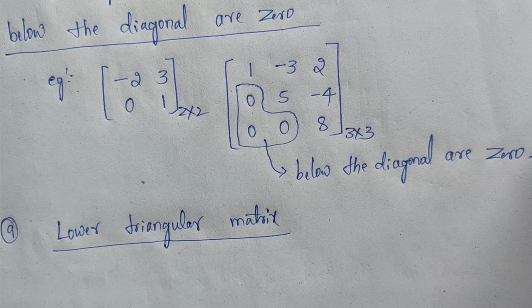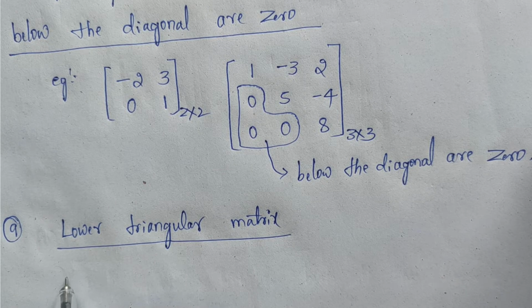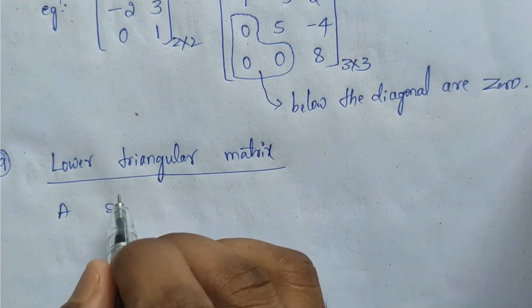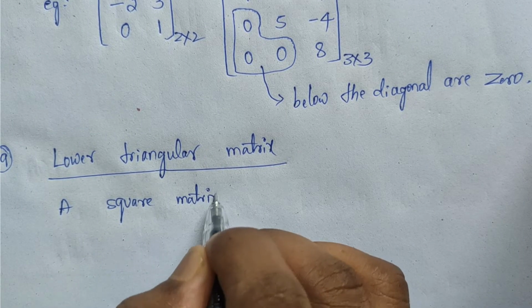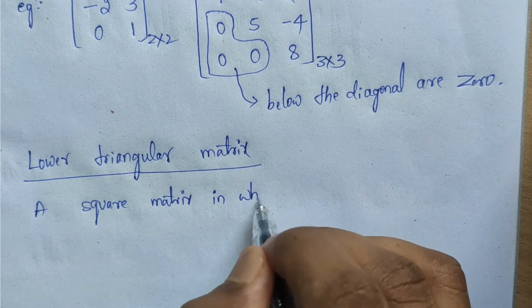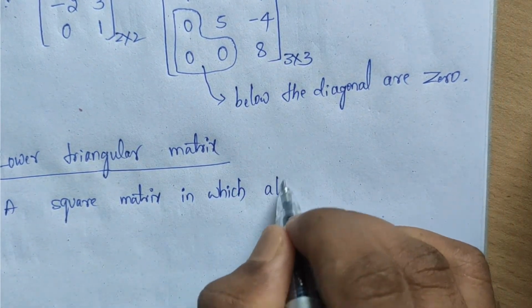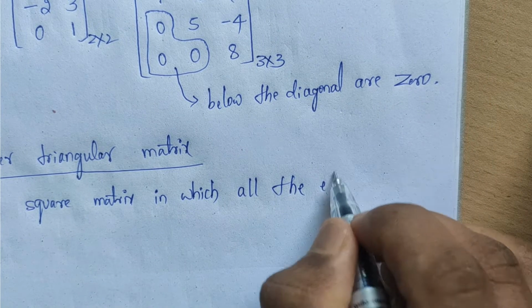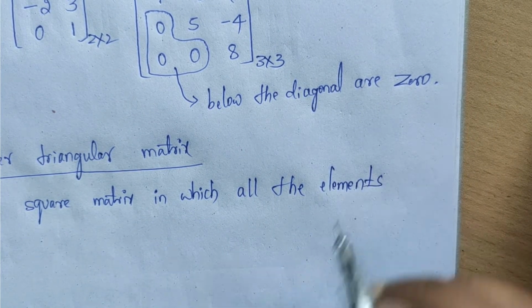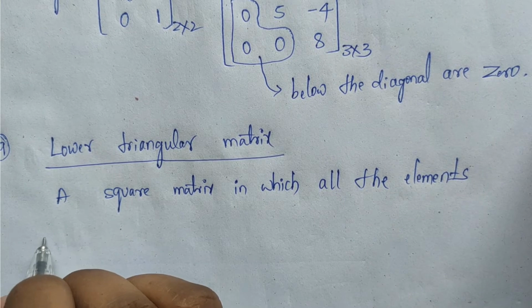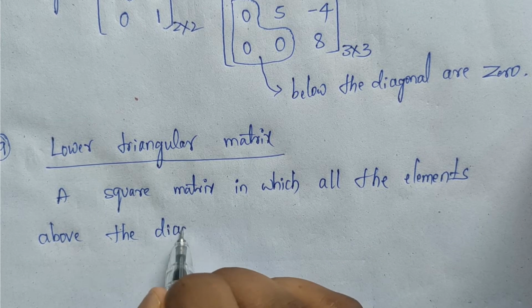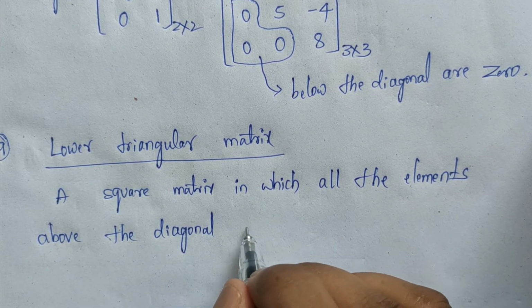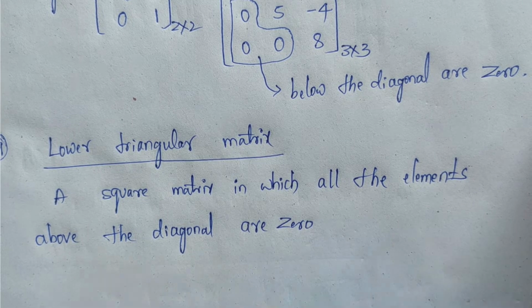Lower triangular matrix: above the diagonal are 0. Above the diagonal are 0 is important.